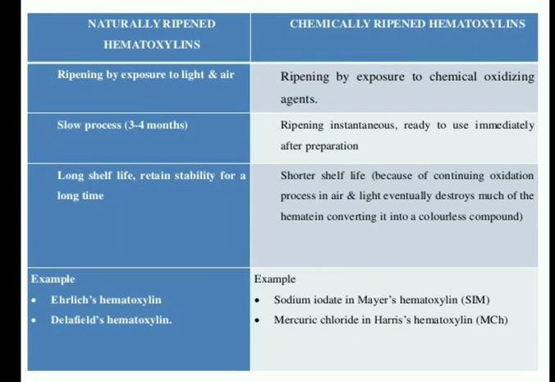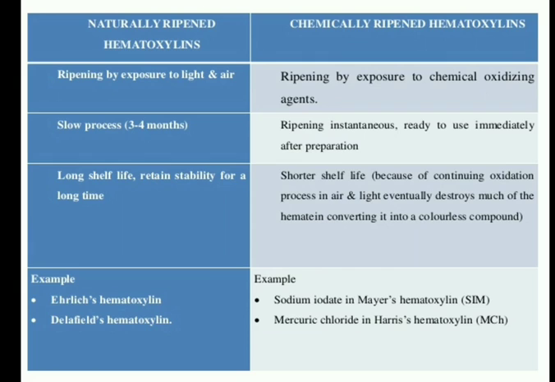It takes 3 to 4 months. It is a slow process. This naturally ripened hematoxylin has a long shelf life and retains stability for a long time. Examples of naturally ripened hematoxylin are Ehrlich's hematoxylin and Delafield's hematoxylin.